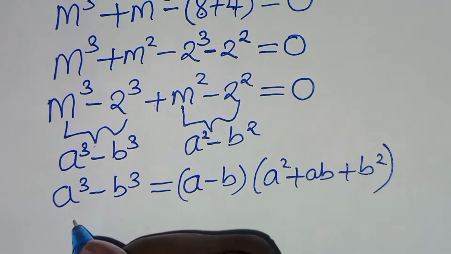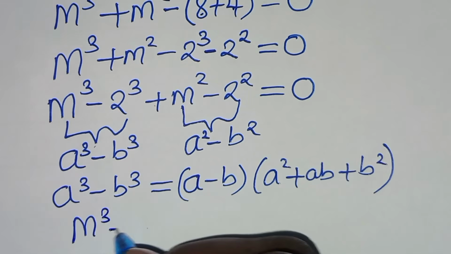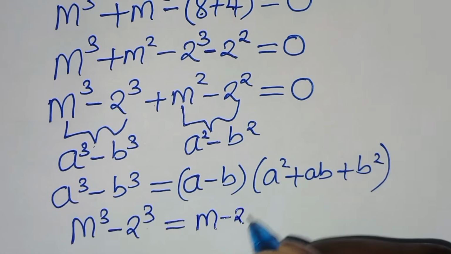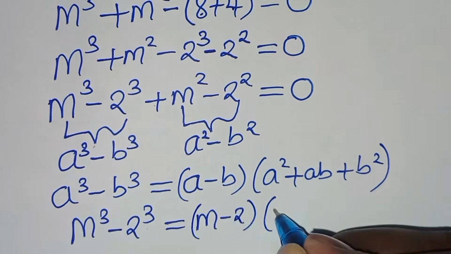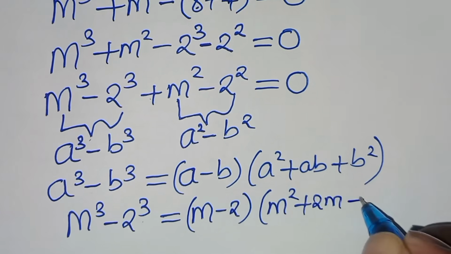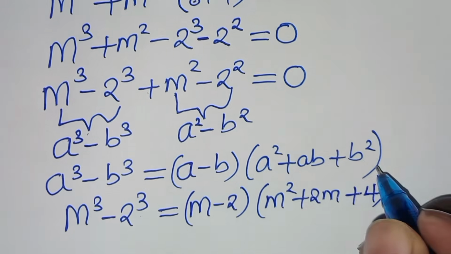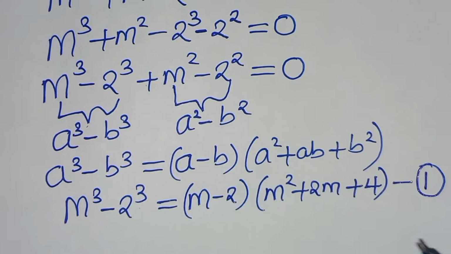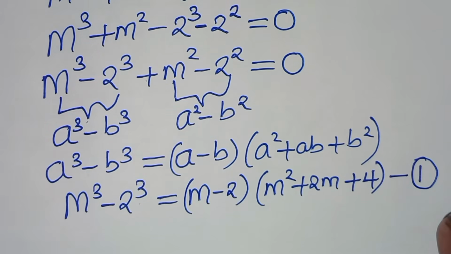So this implies that m to the power 3 subtract 2 to the power 3 can be expressed as m minus 2. Then we have m squared plus 2m, then plus 2 squared, which is equal to 4. And let's call this equation 1.